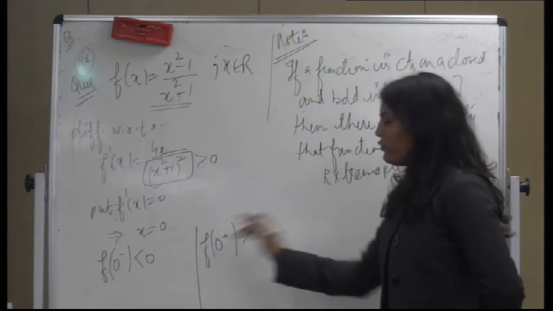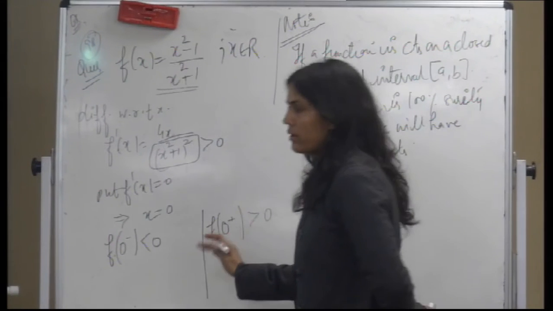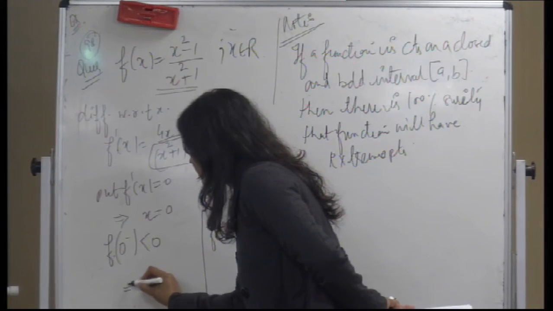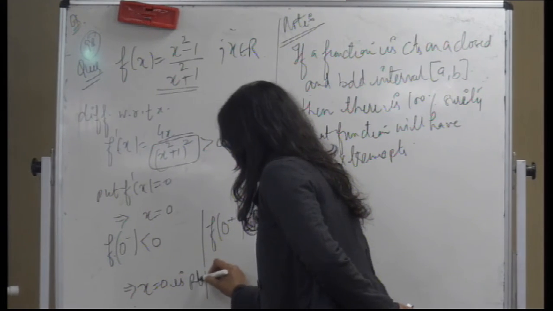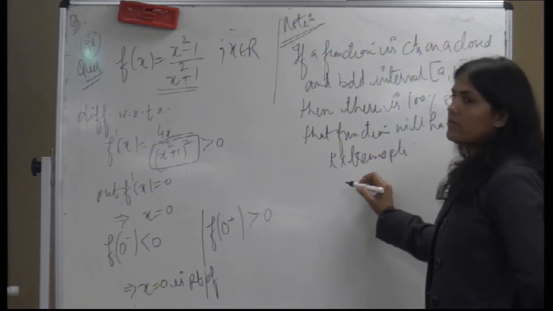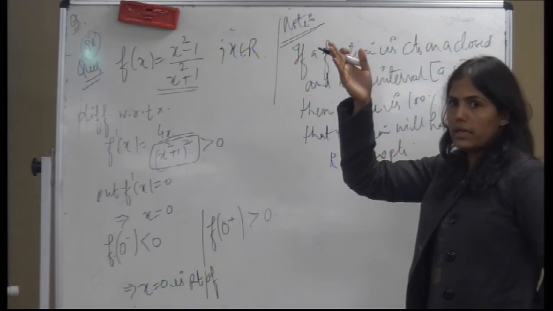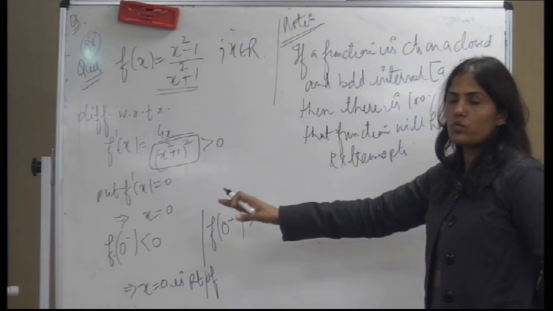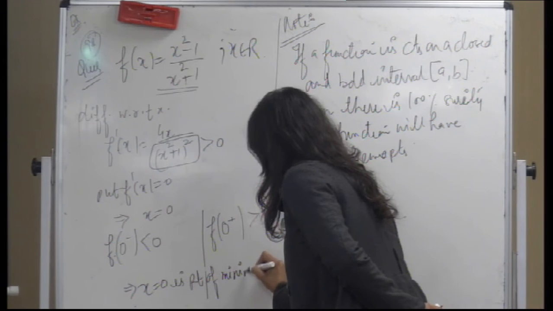So if there is this behavior change, then x equal to 0 is what point? Some are saying minima, some are saying maxima. Less than 0 means decreasing, and then it is increasing. So x equal to 0 is a point of minima.